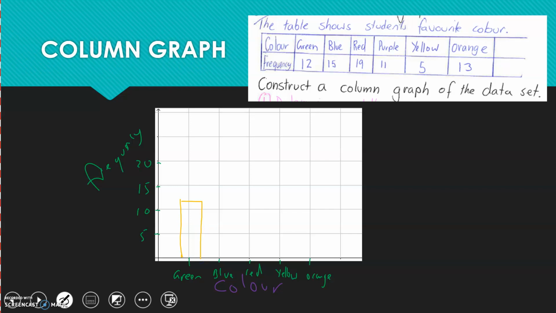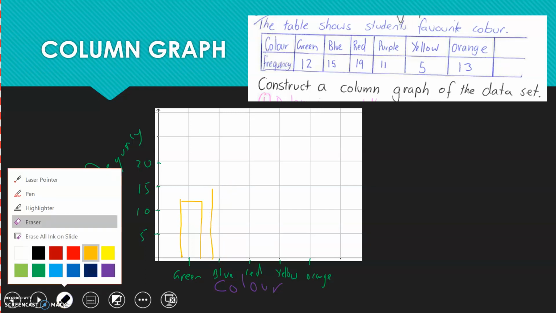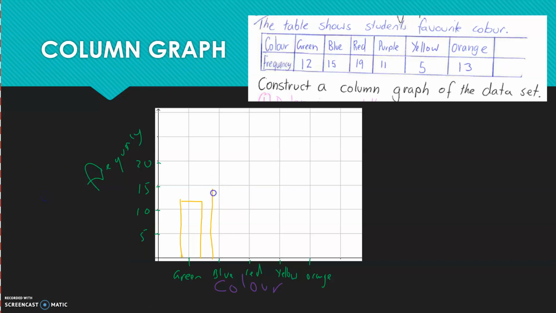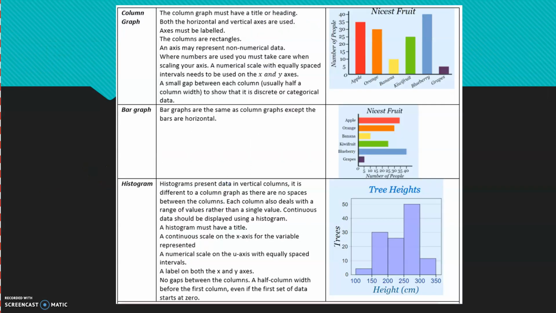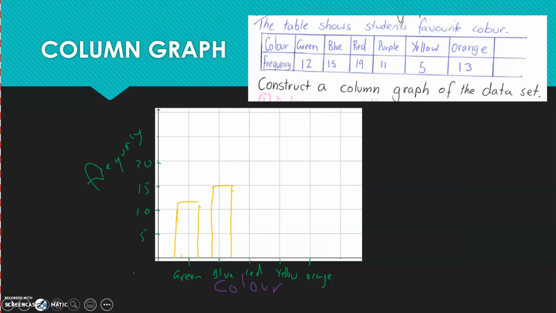We would then go to blue, which has 15. We would go up to 15. You then go to red, which goes up to 19.